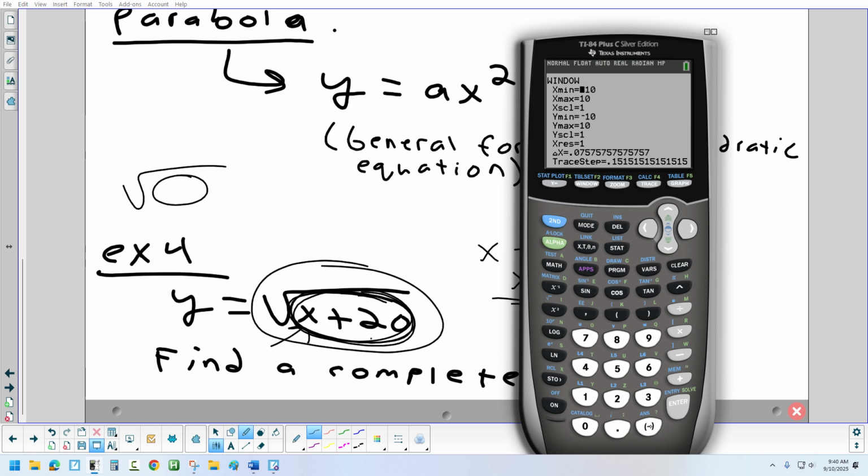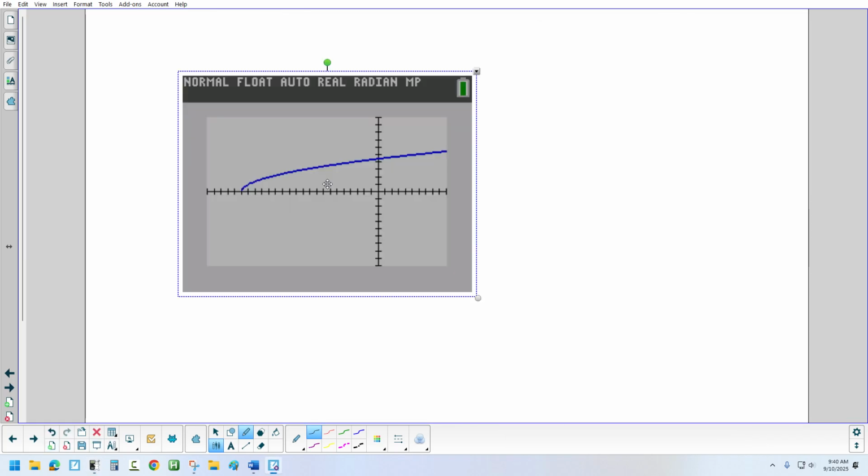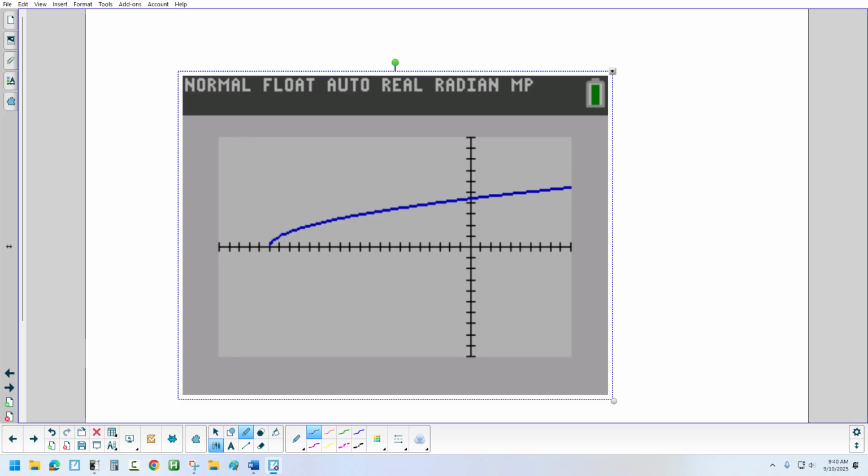And I would probably do a little past negative 20. Let's do like negative 25. And let's see if you can tell that it's not a straight line and that there's a curve to it. Okay, do people see the curve to it now?